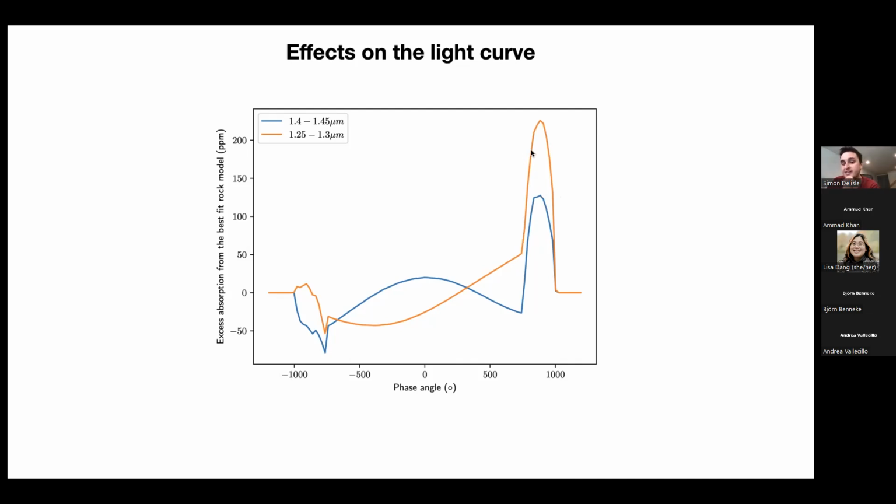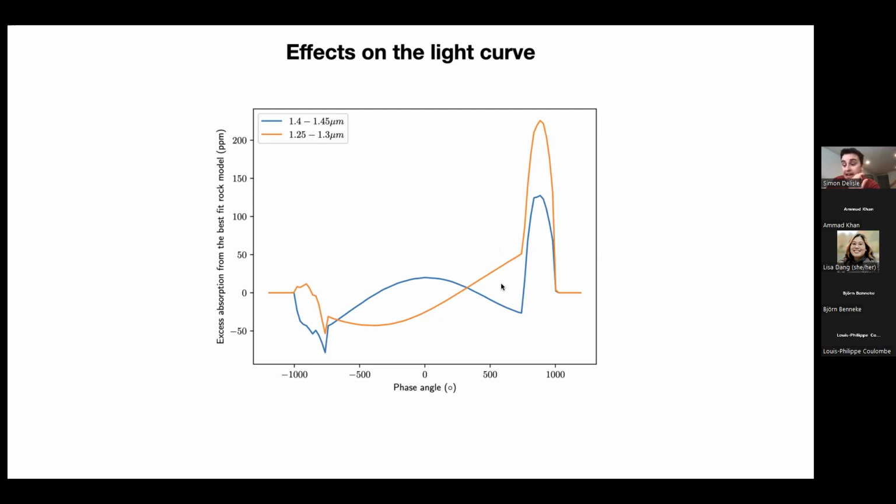And what we realized is that the difference in peak between egress and ingress, so we see here that the peak during ingress is much bigger than the peak during egress, is an indication of an east and west asymmetry in temperature. So this really big peak here tells us that the east side is hotter than the west side. And this is something that we can see by eye easily, without doing any retrieval, just by looking at it.